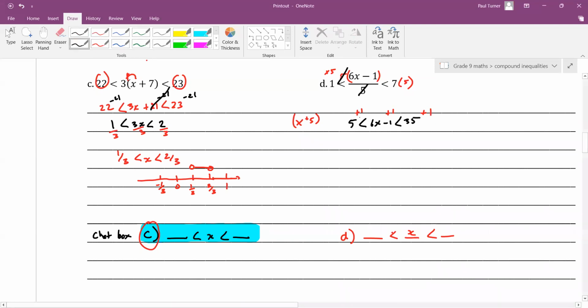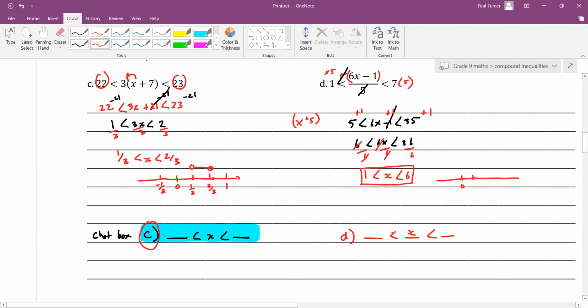And then we'll go 5 plus 1 is 6. That will cancel. You'll have 6x in the middle. 35 plus 1 is 36. Okay, so now to get rid of the 6, then we just divide by 6 everywhere. Like that. 6 on 6 is 1. That 6 will cancel. This will be x. 6 into 36 is 6. Okay, so you've got all real numbers between 1 and 6.